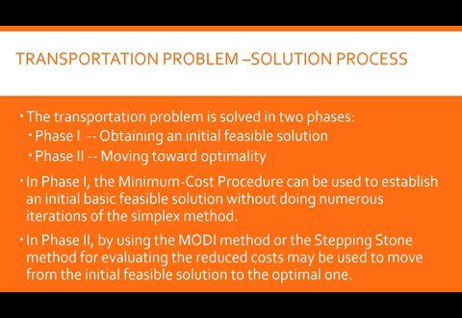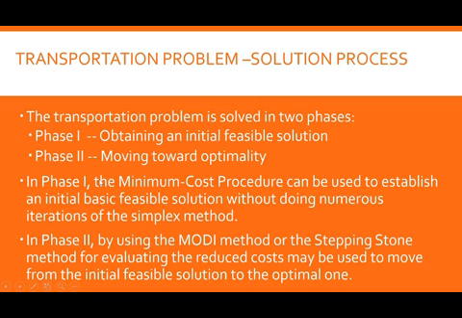We call it IBFS. In phase 2, this IBFS will be considered as the problem and we try to optimize the solution. For a given problem, in the first phase, I find the IBFS. In the second phase, considering the IBFS, I will try to optimize the solution.